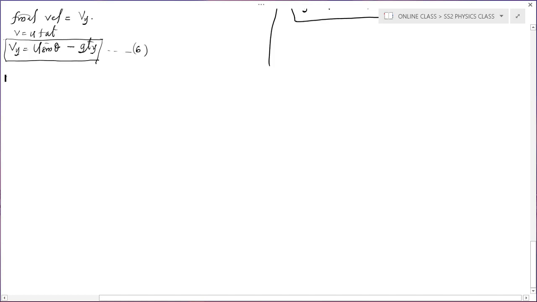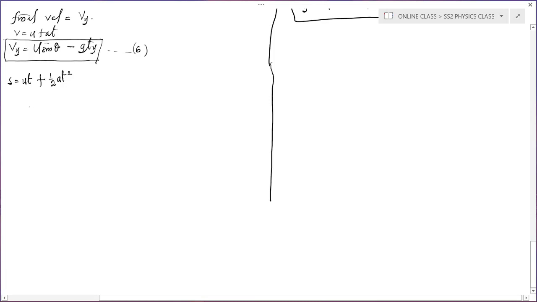So now from here, we take the second equation of motion, s equals ut plus half at squared. Don't forget this side: this left side is for upward motion. Here we now use our height. Ordinary height, that is h, is what we use in this case.